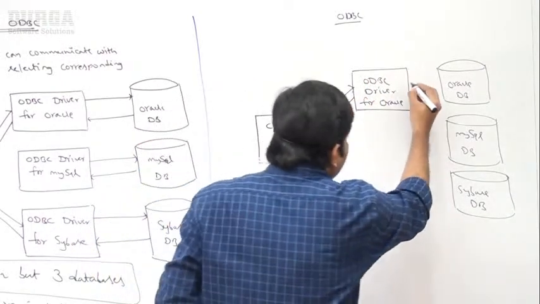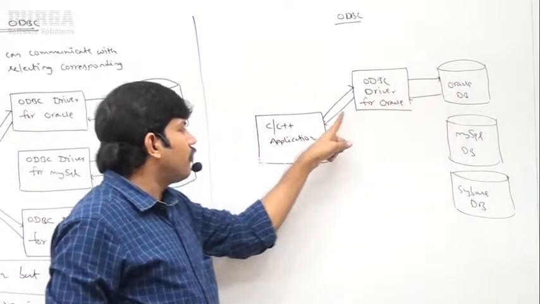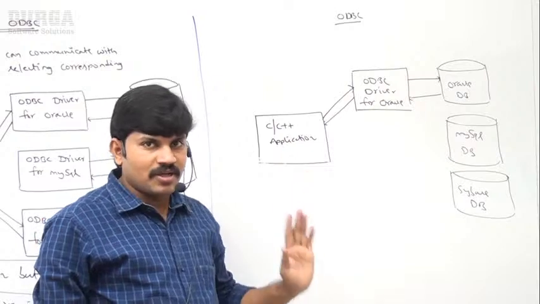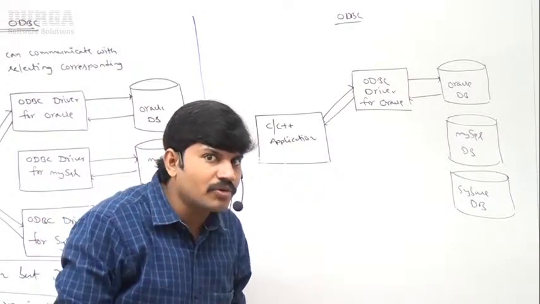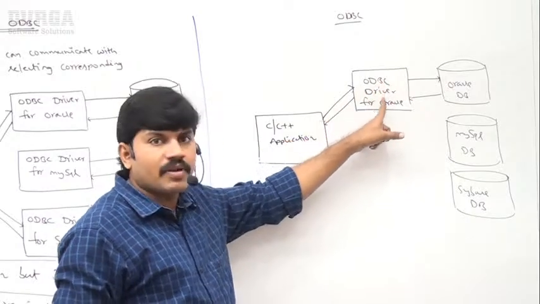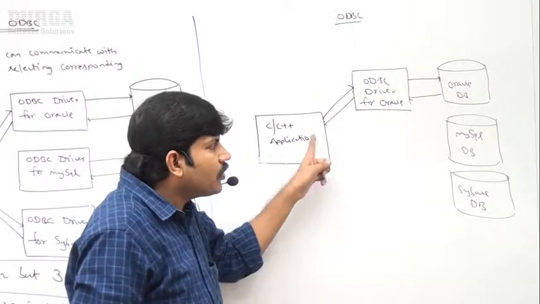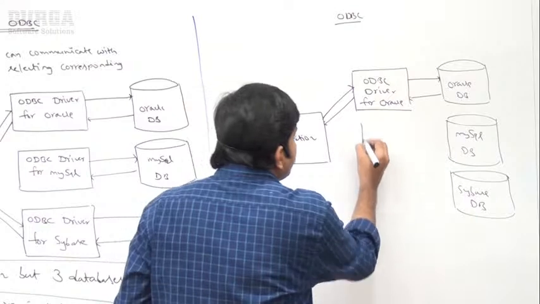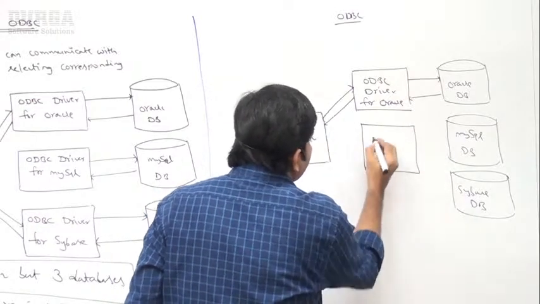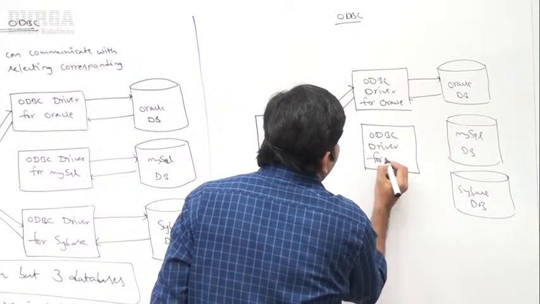The ODBC driver communicates with the Oracle database and provides the results to the C or C++ application. So all database communication is taken care of by the ODBC driver for Oracle. In the same way, to communicate with the MySQL database, I choose the ODBC driver for MySQL.